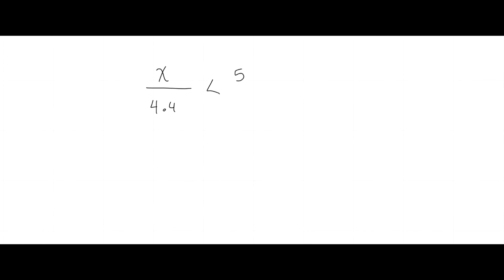As you know, this fraction bar means division. The opposite of division is going to be multiplication. I'm just doing this so you can see better. I'm going to multiply both sides of the inequality by the number 4.4.